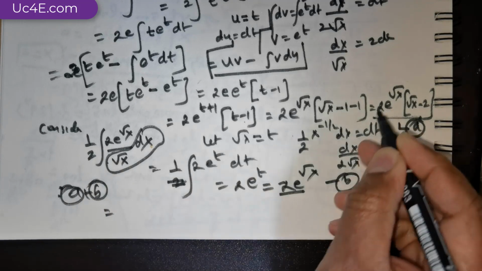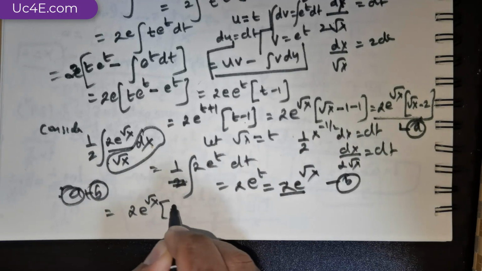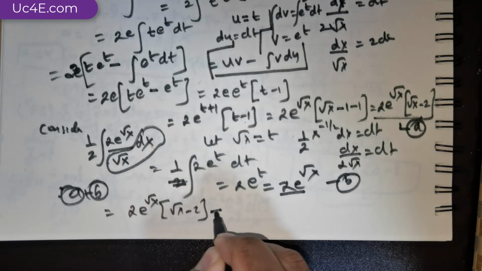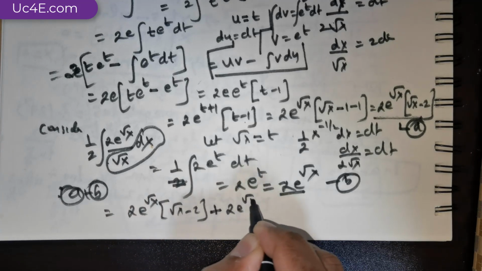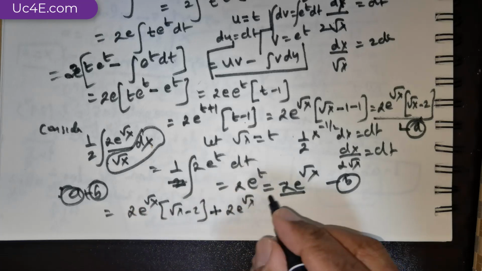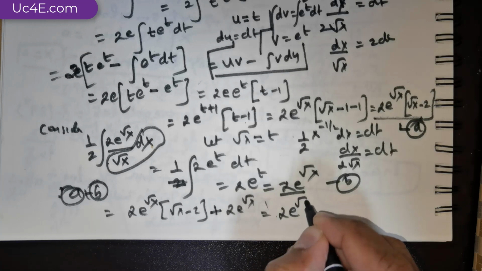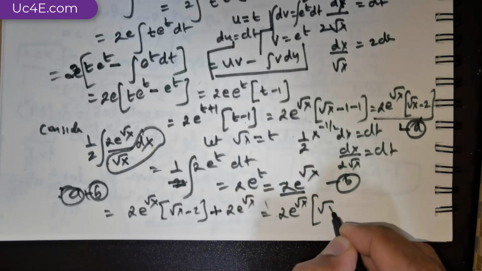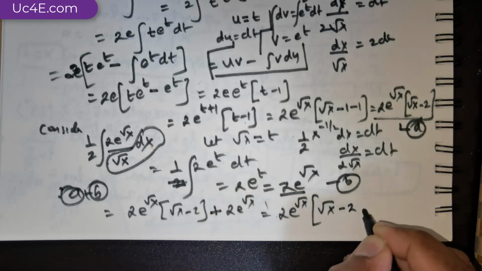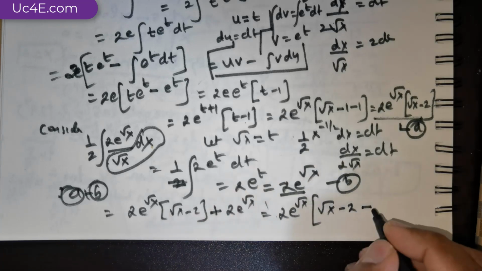So this is equal to 2 times e raised to the power of root of x times root of x minus 1, plus 2 times e raised to the power of root of x. Now 2 times e raised to the power of root x can be taken out. So 2 times e raised to the power of root of x times root of x minus 2, and I have a plus 1 here.